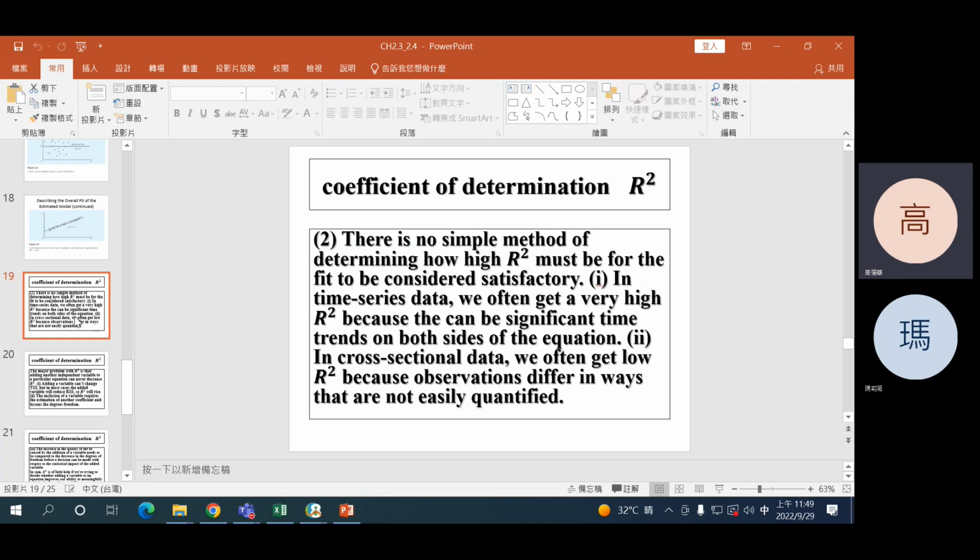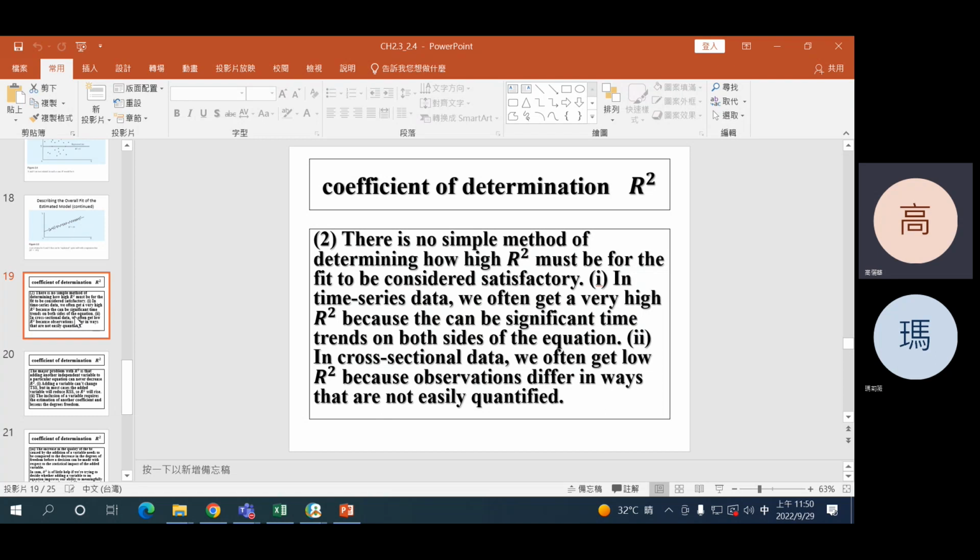Usually in time series data, we often get very high R square because there can be significant time trends on both sides of the equation. You see what I'm saying here? Both X and Y variables are affected by inflation or time trend. Therefore, the R square is higher.